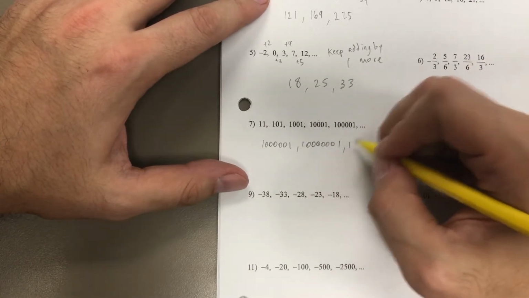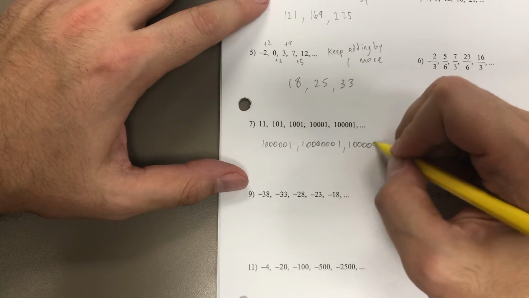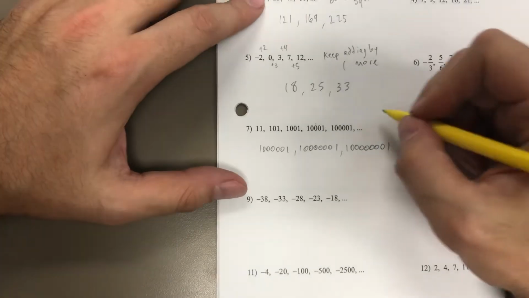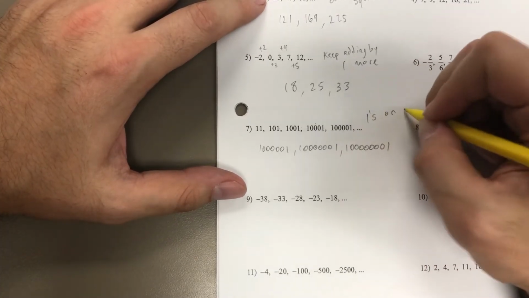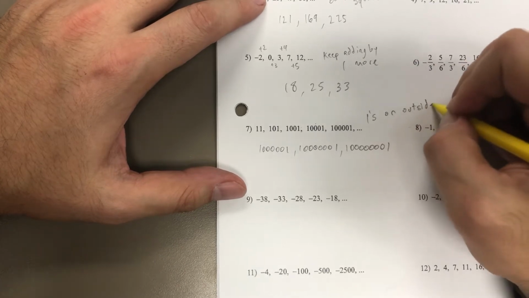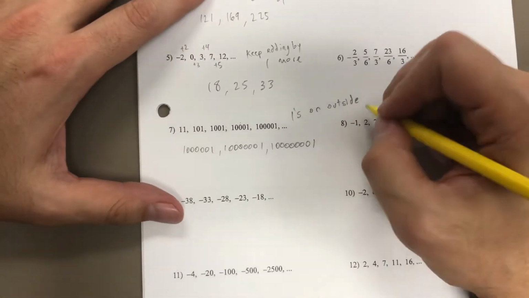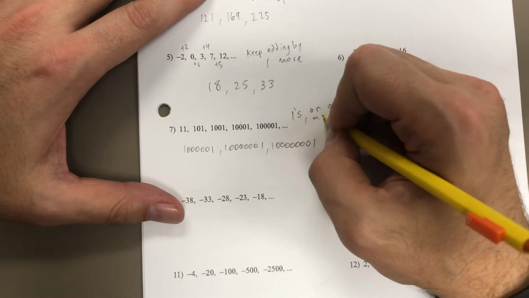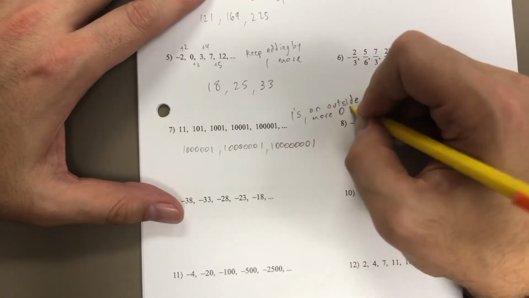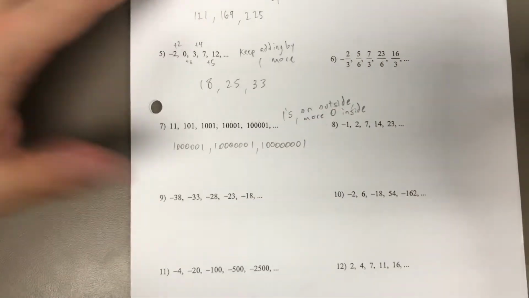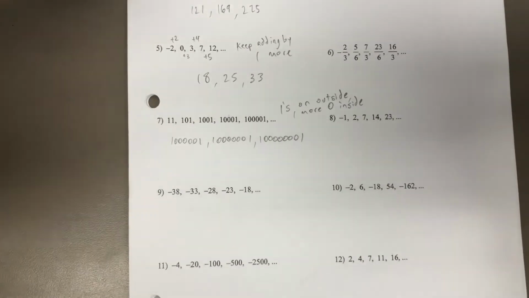And 7 zeros, 1, 2, 3, 4, 5, 6, 7, 1. So 1s on the outside, and then one more 0 inside. So that's how we write down the pattern.